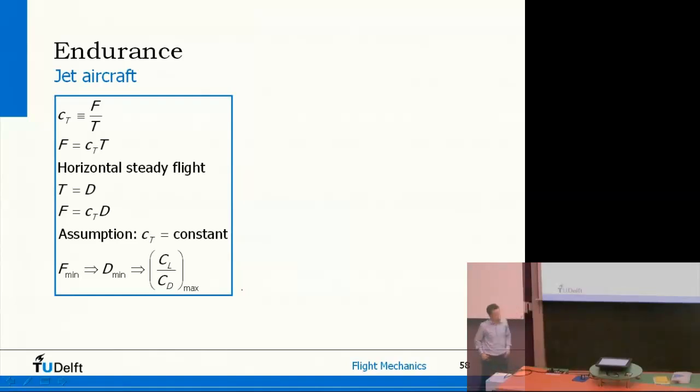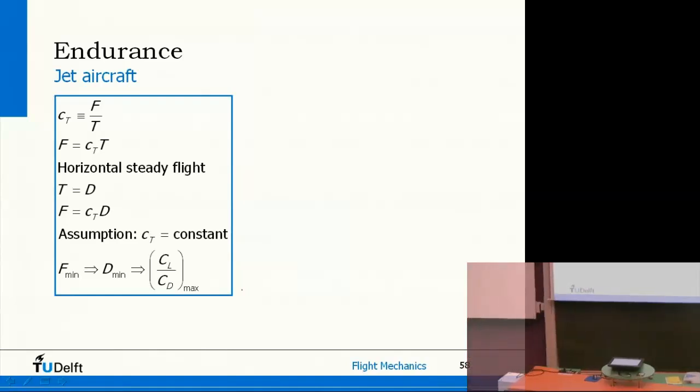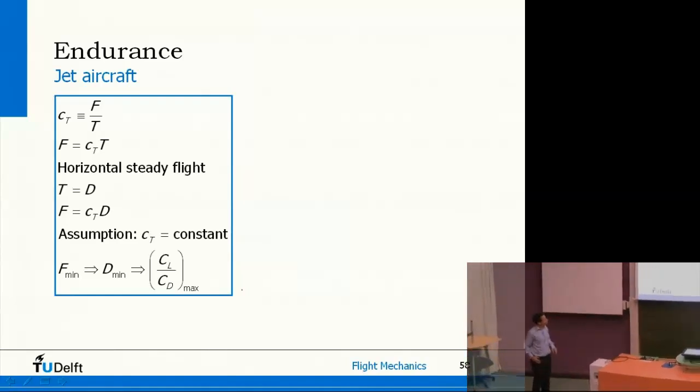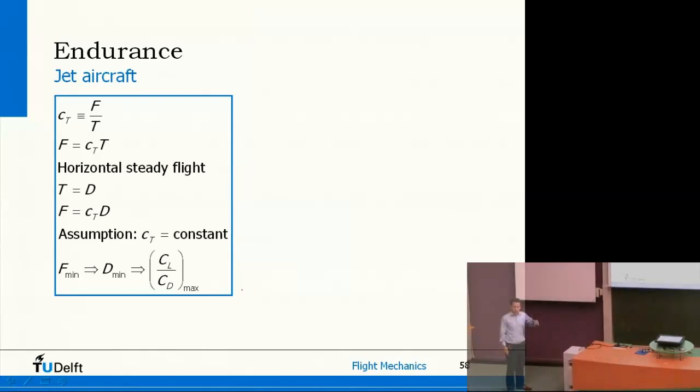So endurance of a jet aircraft. And I realize you see a lot of equations coming by, but you should realize that every time I'm taking exactly the same steps, and I'm doing exactly the same thing for each performance problem. So in order to minimize fuel flow, we have this equation for fuel flow for a jet aircraft, which depends on thrust-specific fuel consumption multiplied with the actual thrust of the aircraft.